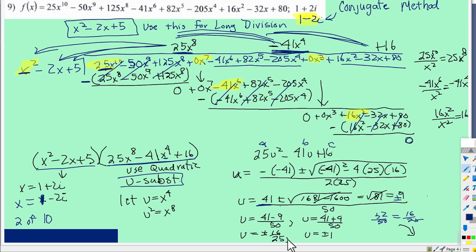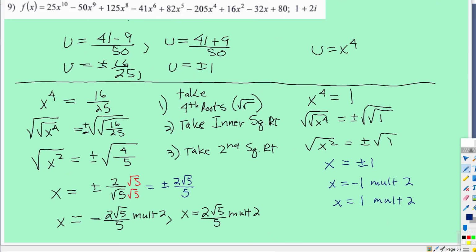That's where I got this. And 41 plus 9 is 50 over 50, which is 1. But now we have u. But what did we say u equals? U equals x to the 4th.